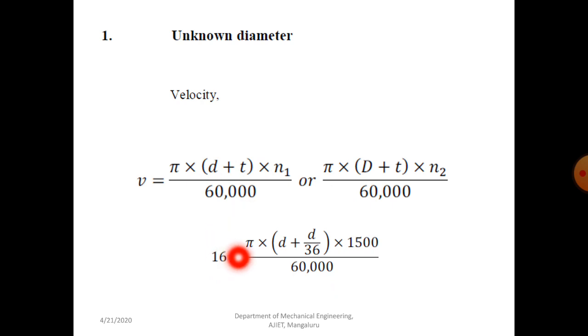So V is 16, equal to pi into (d plus d divided by 36) into N1. N1 is nothing but the speed of rotation of the smaller pulley, 1500, divided by 60,000. After calculating this, you will get the diameter of the smaller pulley as 198.21 millimeter.